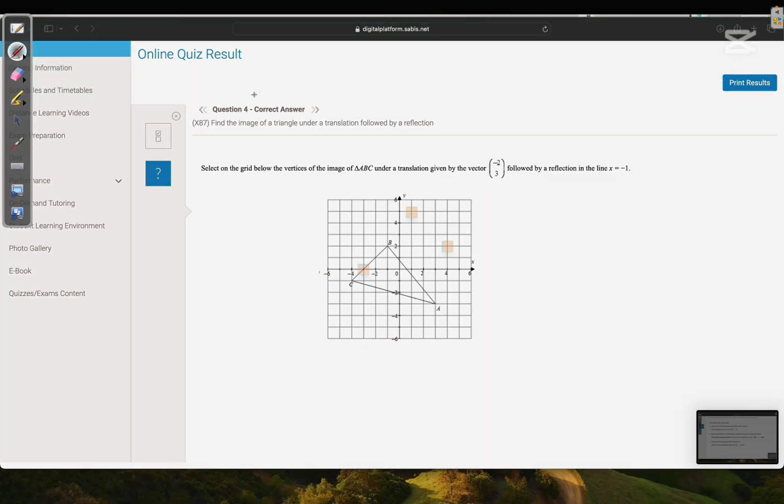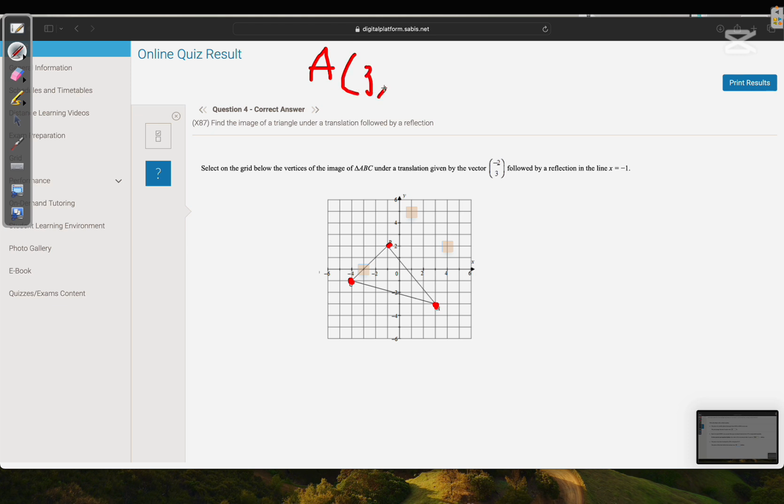First, let's get the coordinates of the points originally. A is here, B is here, C is here. So A is 3, negative 3.